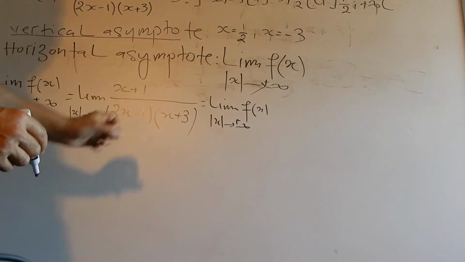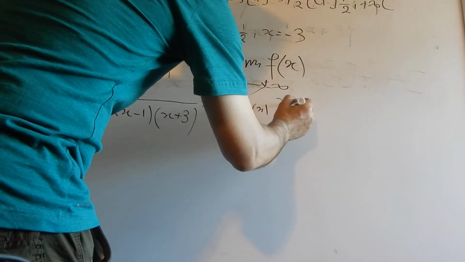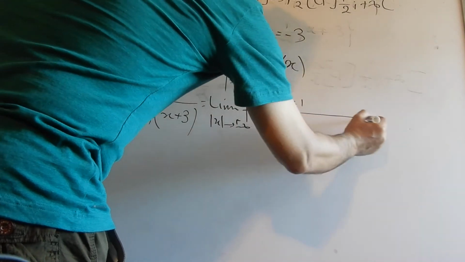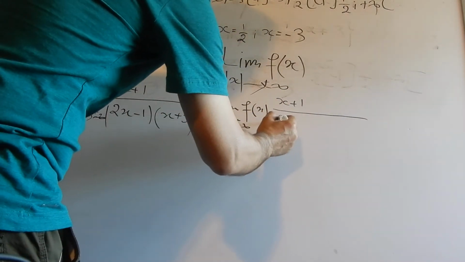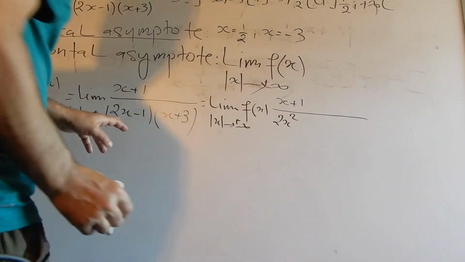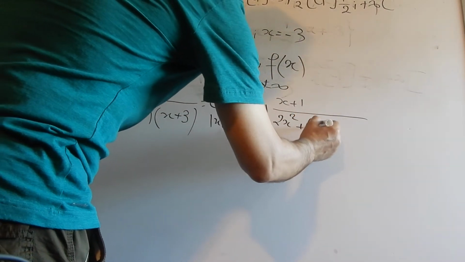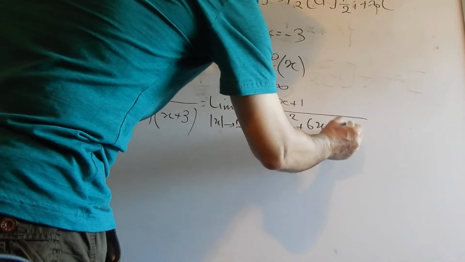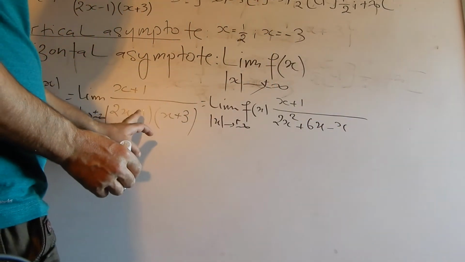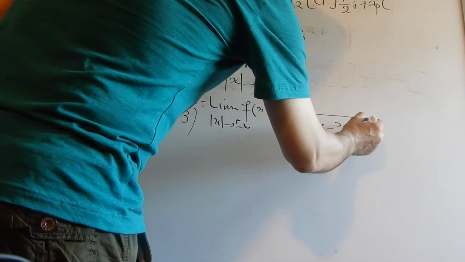We have to expand the factors. We have to factor the denominator here. 2x times x, that's 2x squared, 2x times 3, that's 6x, minus 1 times x, minus x, and then minus 1 times 3 is minus 3.